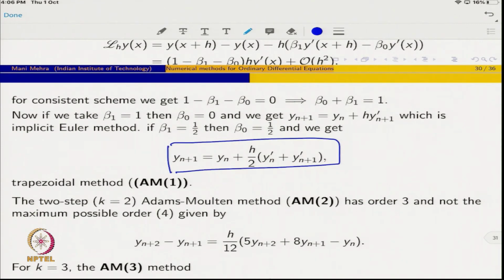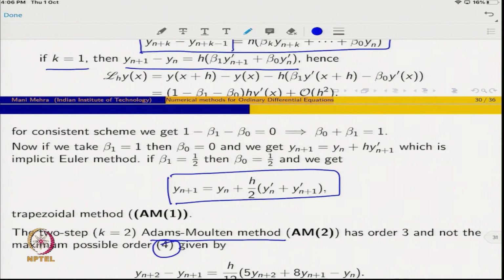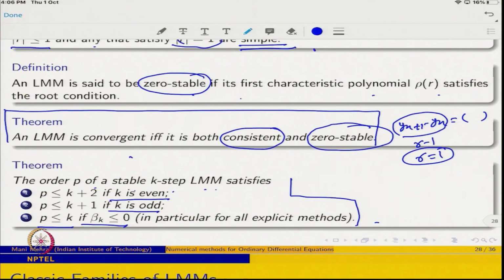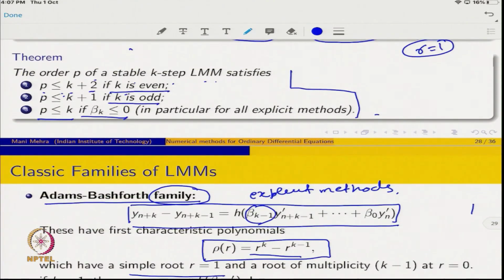The two-step Adams-Moulton method has order 3, not the maximum possible order. How are you determining the maximum possible order? From the following theorem, if it is a two-step method, k is even, so k is 2 and p should be less than or equal to 4. So, the order of the method should be 4 or less, and the maximum is 4.